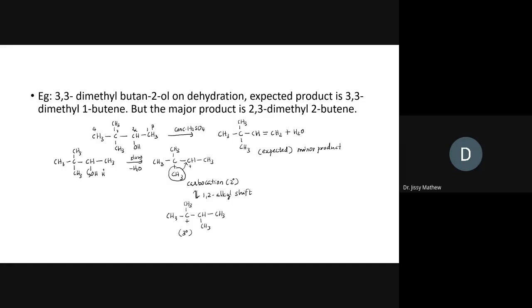And from this, a beta hydrogen can be abstracted by a proton. This is a beta hydrogen. This is also a beta hydrogen. When it is eliminated as a proton, we get the product.